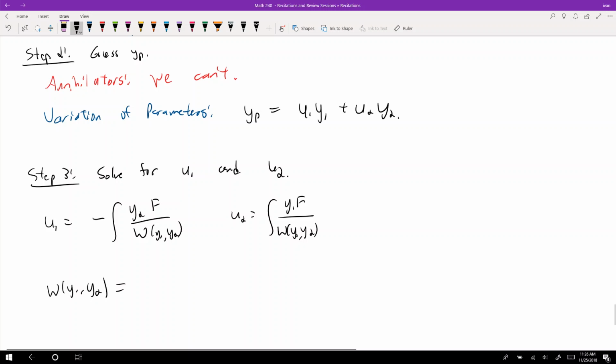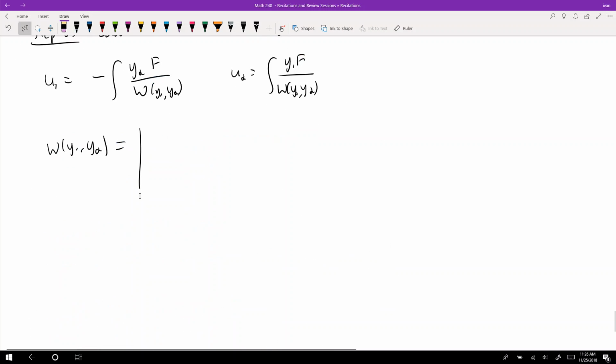The Wronskian of y1, y2 is the determinant. So y1 was e to the 3x, and y2 was x e to the 3x. So the derivative is 3e to the 3x, and then this derivative requires the product rule. And you should get 1 plus 3x times e to the 3x. All right, so we take this determinant.